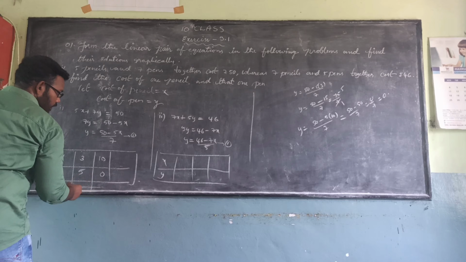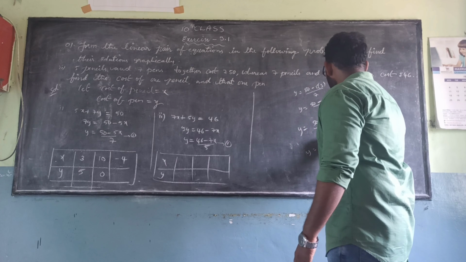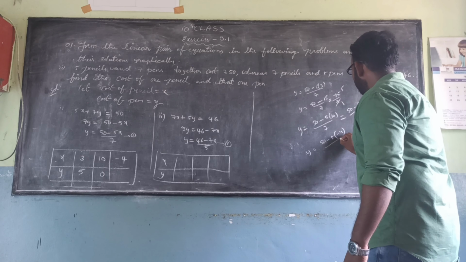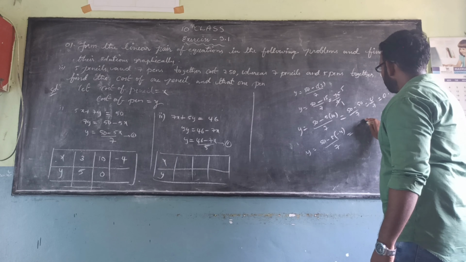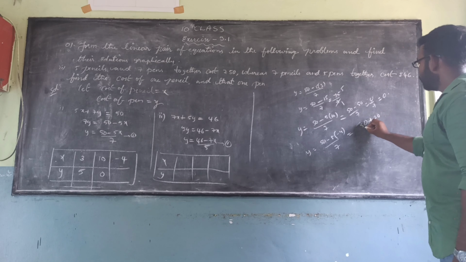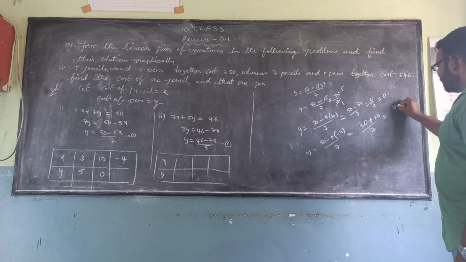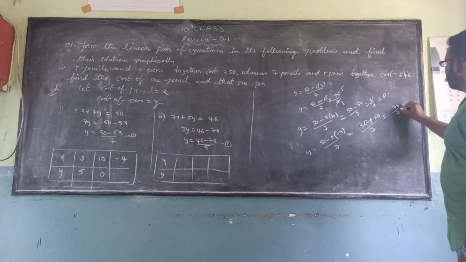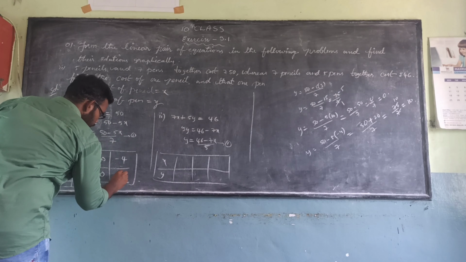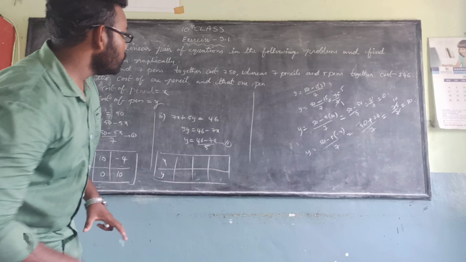And now if you take minus 4 as x, then y is equal to (50 minus 5 into minus 4) by 7. So 50 plus, minus into minus plus, 5 4s are 20, by 7. So 50 plus 20, 70 by 7. You get 10 as y. So similarly, we have to find this tabular form also.